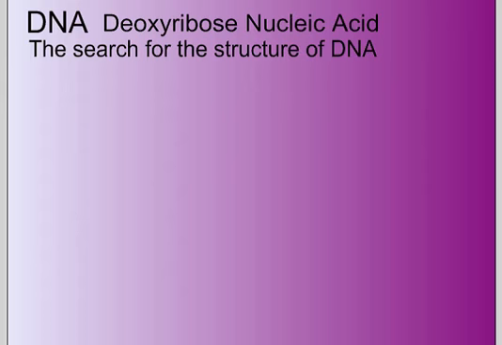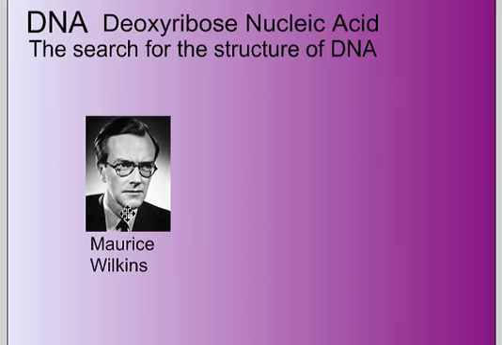What I want to talk about today is kind of the pictures. This is the 50s now. We're in 1952, 53, and a couple people actually took pictures of DNA. The first person to ever take a picture of DNA was a guy named Maurice Wilkins.